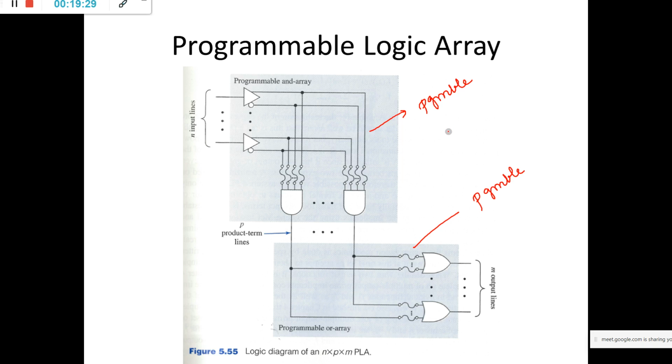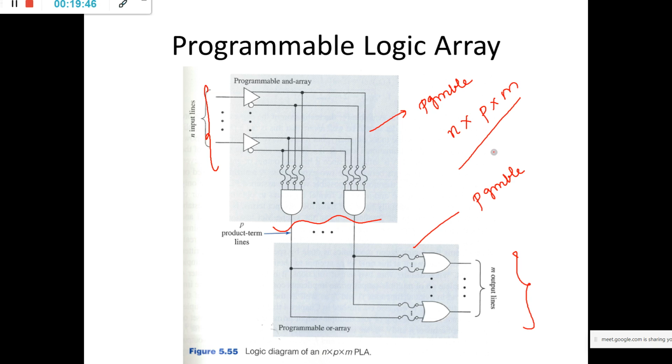How do we characterize this? N cross P cross M. N is the input lines, P is the number of product terms, M is the output lines. This is how we characterize the PLA.